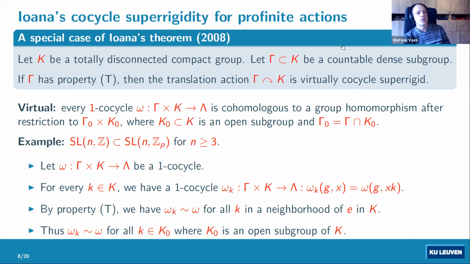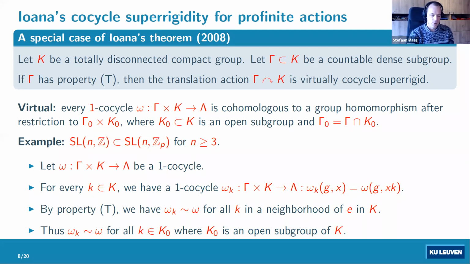And his actual theorem is more general. It deals with arbitrary profinite actions, which means that you allow gamma to act on K mod K1, where K1 is a closed subgroup. But that adds a little layer of difficulty, and it would be more difficult to present the basic idea, but that's more of a technical issue.